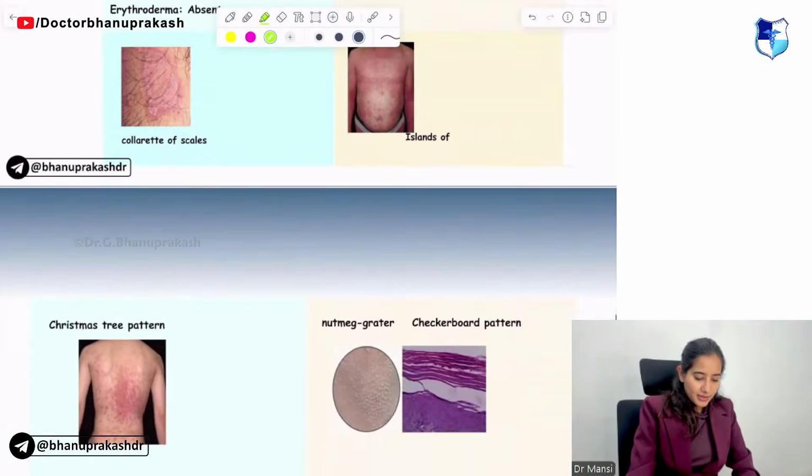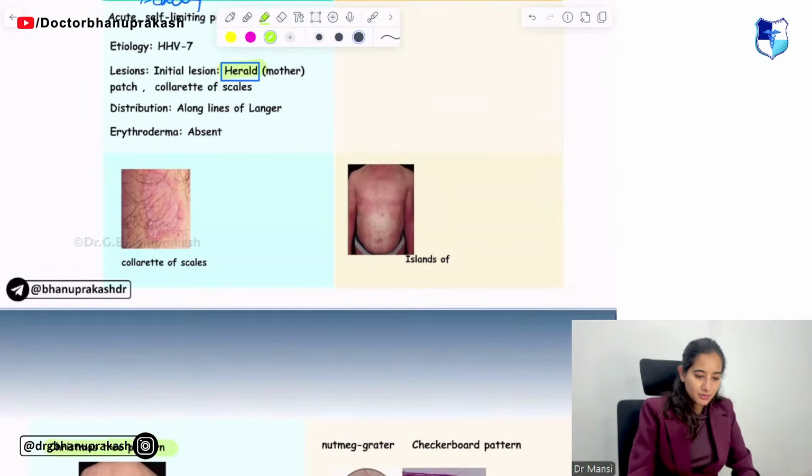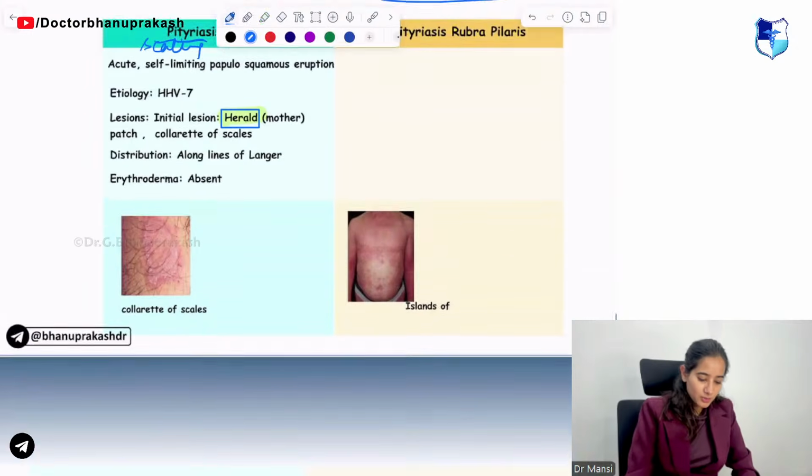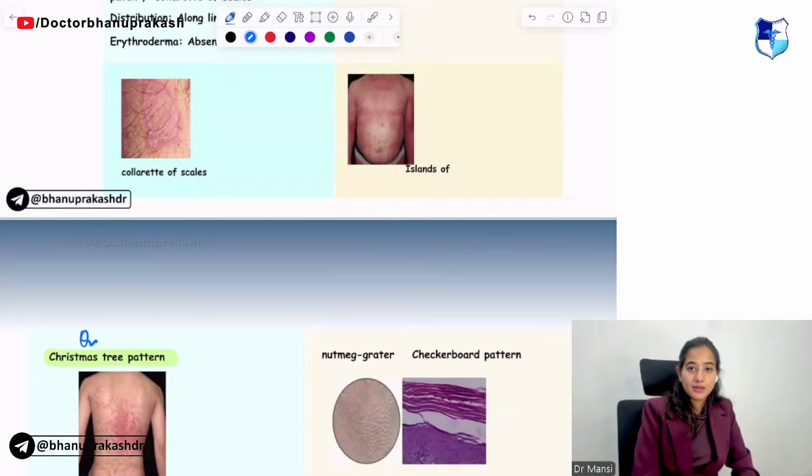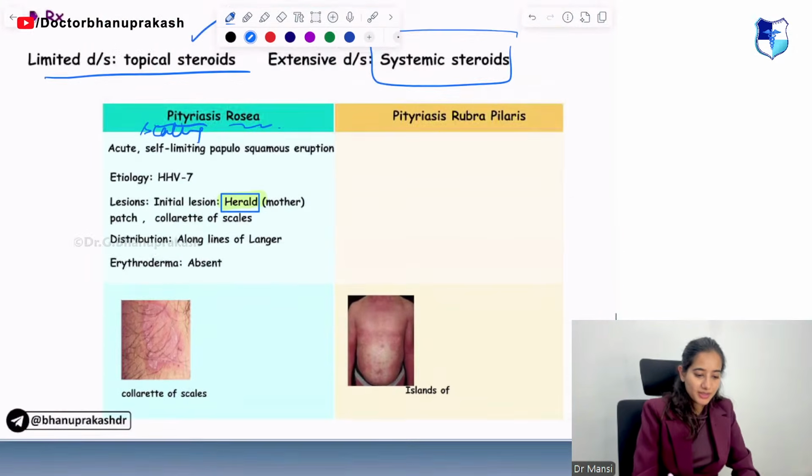Okay. Then there is a Christmas tree pattern. Now, what you have to remember, the places where Christmas is celebrated, there is a mother whose name is Rosie. Try to remember it like this. So Pityriasis rosea, rosea, Rosie, the mother. So mother is going to remind you of the herald or mother's patch.